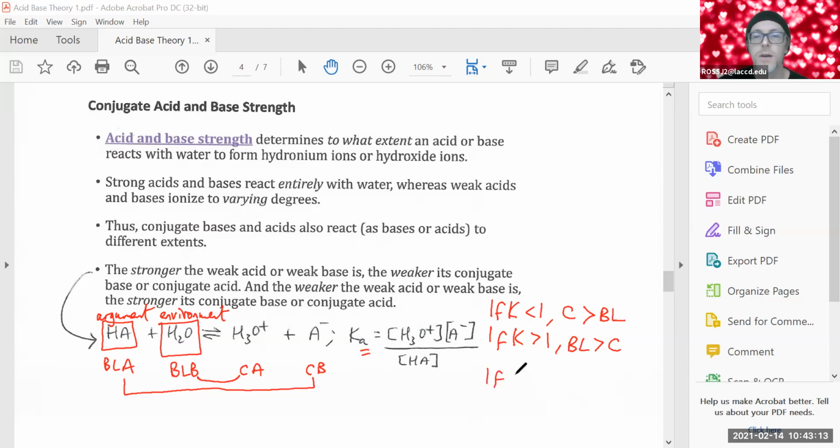And obviously, if K is equal to 1, then the Bronsted-Lowrys are equal to the conjugates. And that's how we know if we have a strong system.